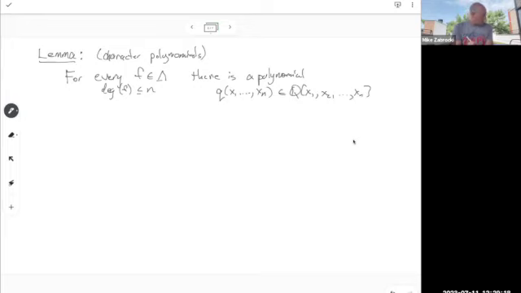And it says that for every mu equal to 1 to the m1, 2 to the m2, n to the mn, that f evaluated at the roots of unity of mu is equal to q evaluated at those m1, m2, mn.